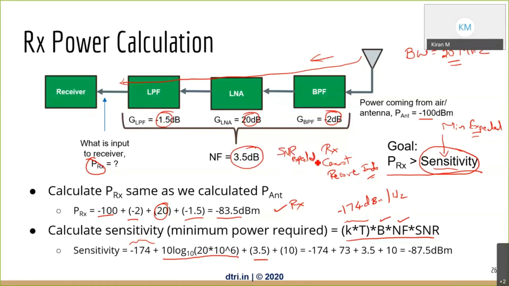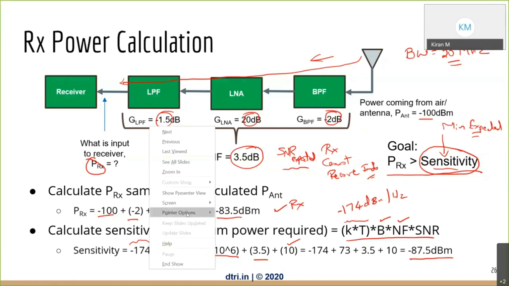Let's say the designer wants at least 10 dB SNR. If you put together all these numbers and do the calculation, you will get minus 87.5 dBm.